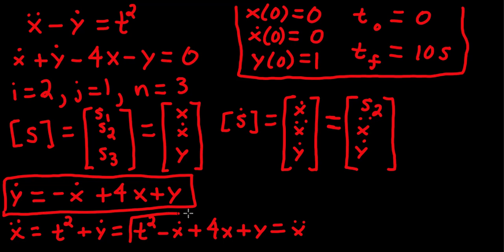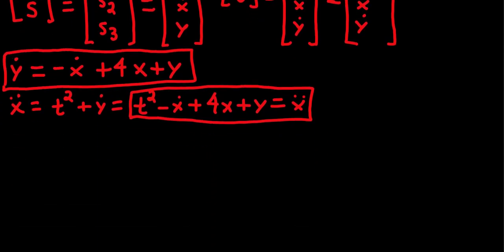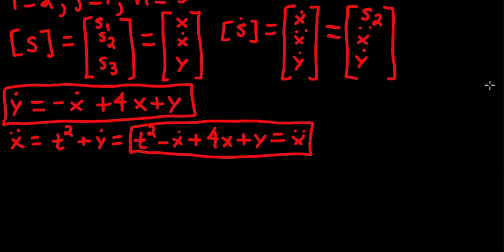So that's x double dot. And now all we have to do is toss these into our derivative of our state vector in terms of state variables. I'm going to scroll down a bit to give us some more room.